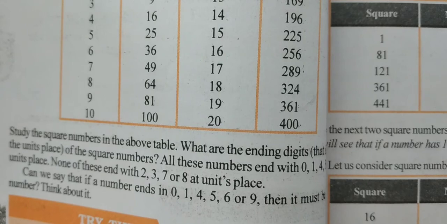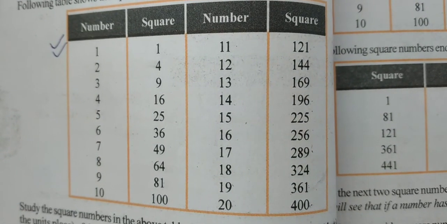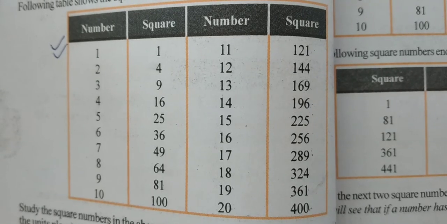Did you understand? So the squares have 0, 1, 4, 5, 6 or 9 at its units place. So now the table which you can see on page number 90 of your textbook has to be learned, which has squares of numbers from 1 to 20.